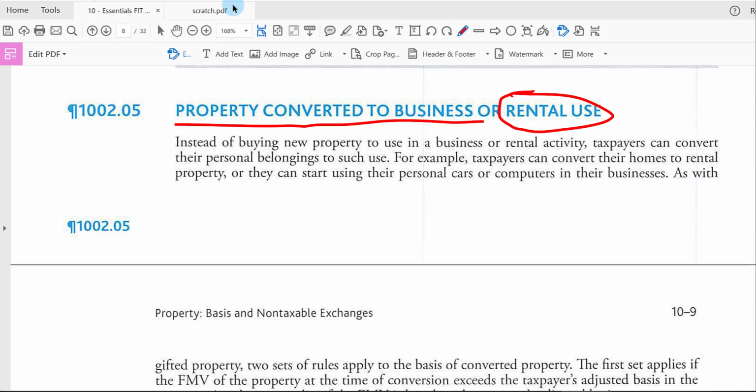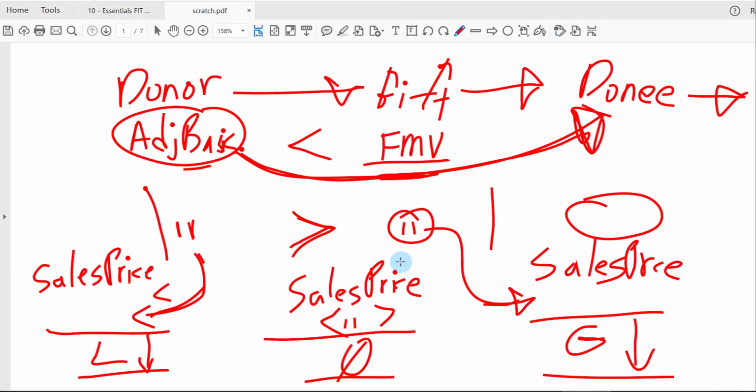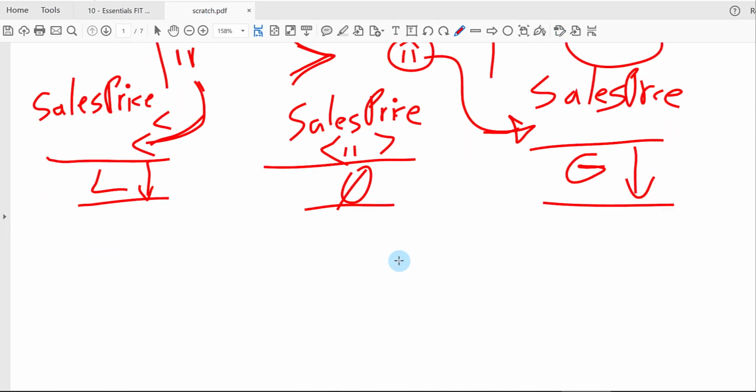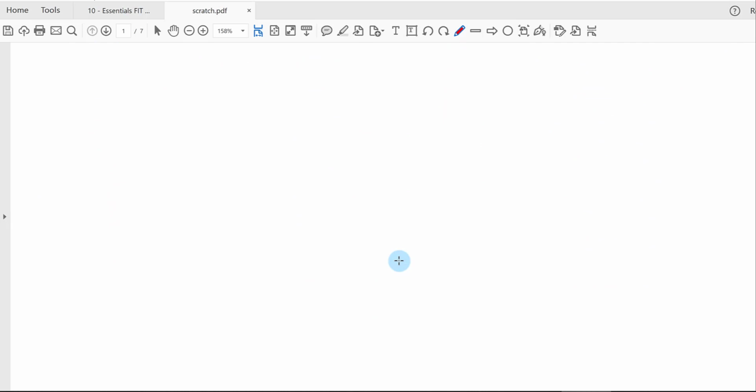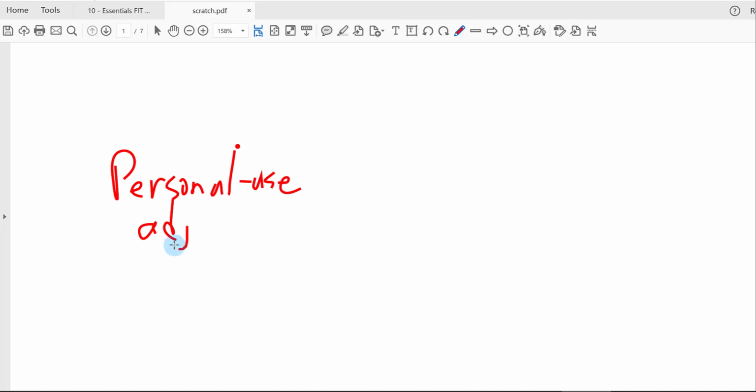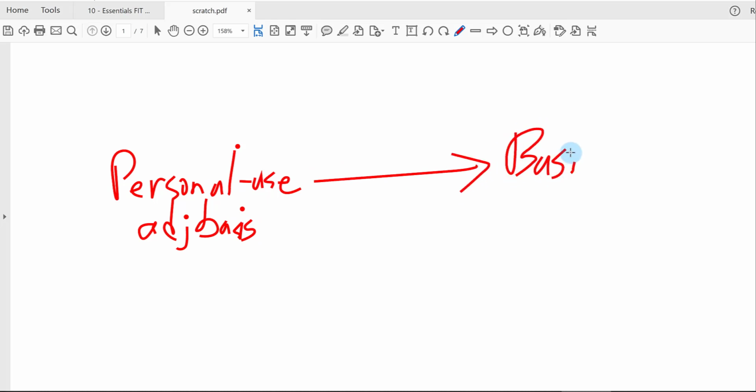Let's go back to that scratch paper again. So kind of like this situation here. Let's say that again you have a personal use asset that you already have some type of adjusted basis, and you're going to convert that to a profit motive, a business use.